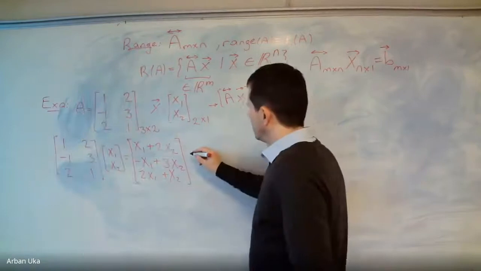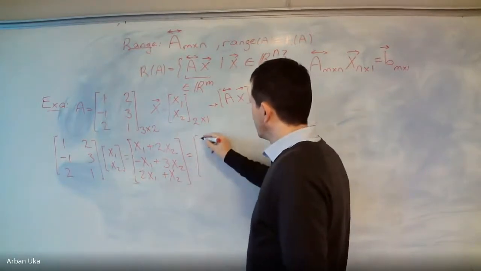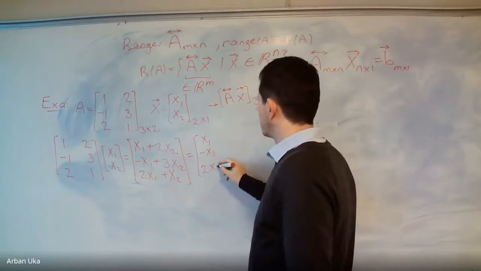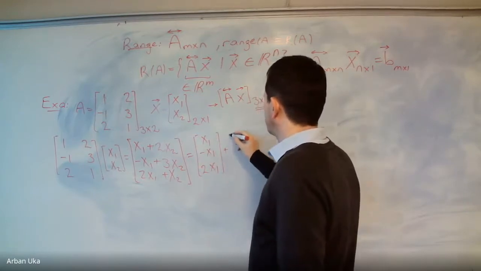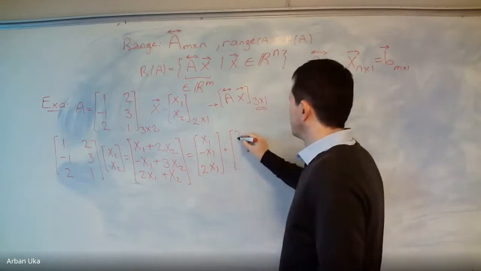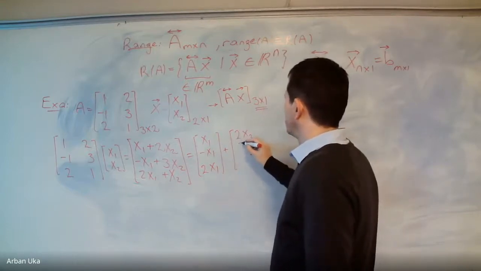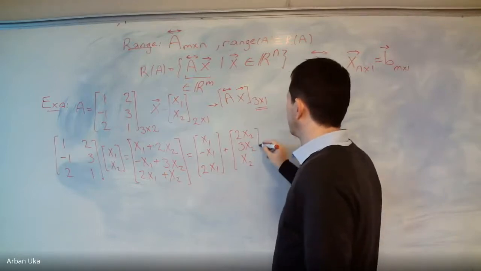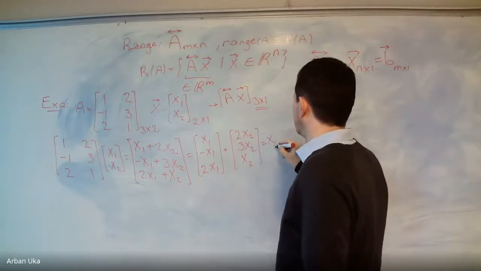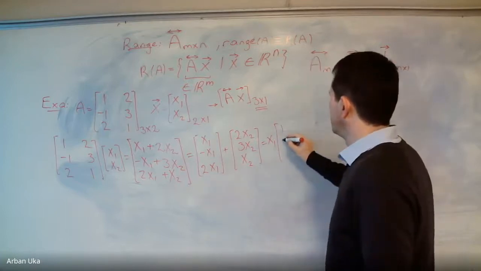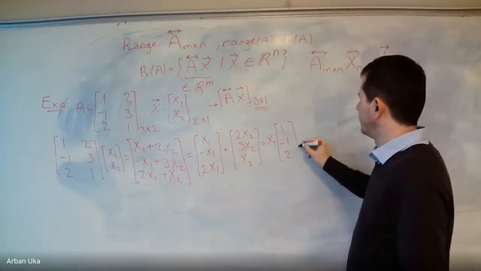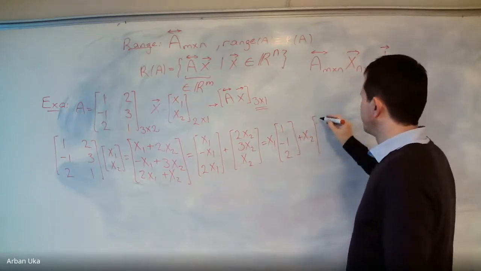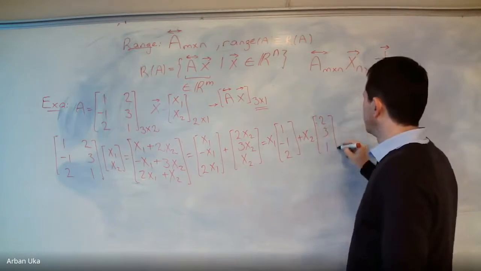Now, this one, we can write also as follows: x1 times 1, minus 1, 2, plus x2 times 2, 3, 1. So we're factoring out x1 and x2.